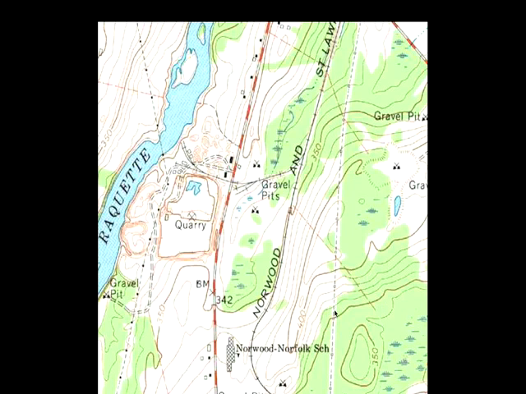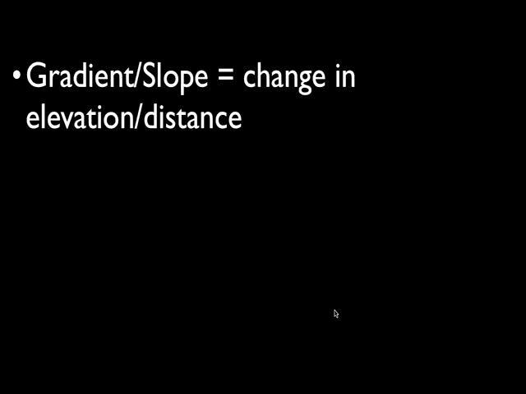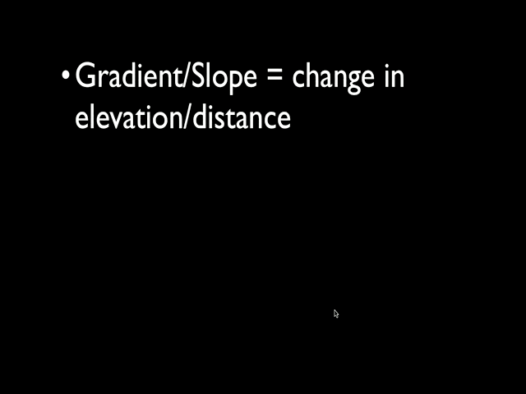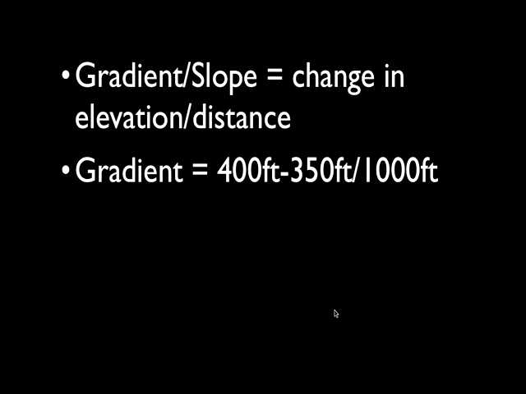Well, how do we calculate gradient? We calculate gradient this way. Gradient, also known as slope, is equal to the change in elevation divided by distance. Okay, so what was our change in elevation? Well, we went from 400 feet to 350 feet.